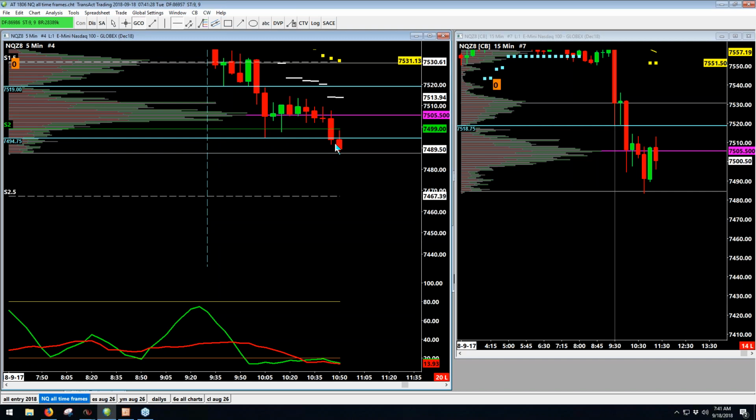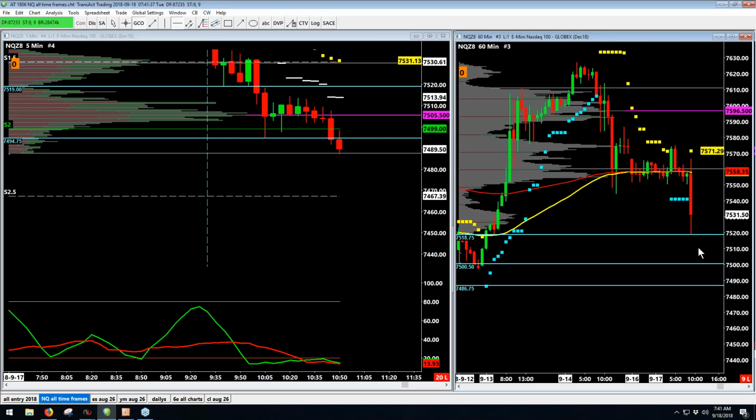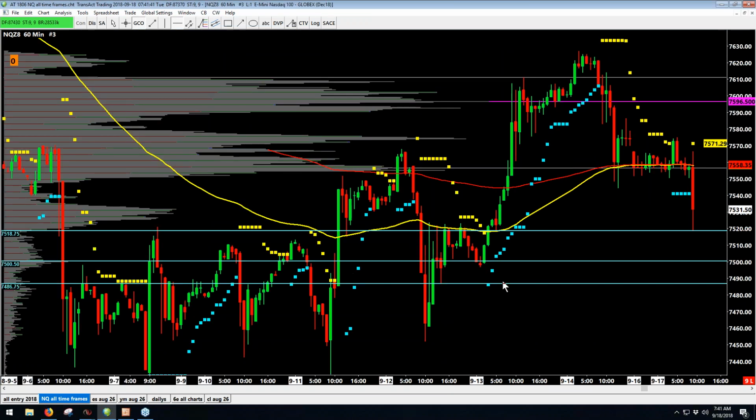So you could take that breakdown here at 94.75, and again, knowing what we know from looking at the 60-minute chart, we know that if we get through the 7,550 area, our next ideal target would be down here at 86.75.